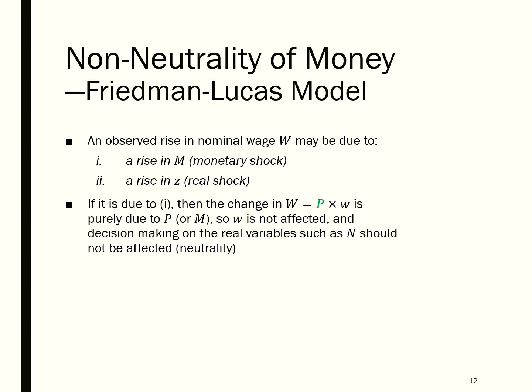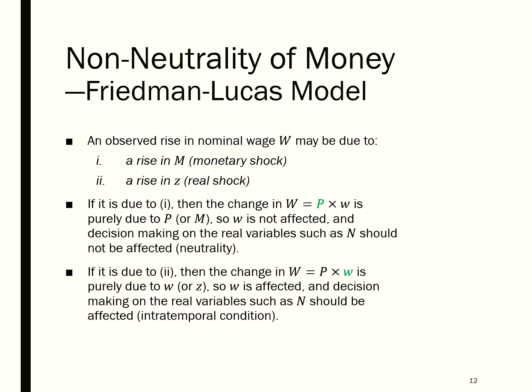If it is due to the nominal shock, then the change in the nominal wage is purely due to price, or money. So the real wage, little w, is not affected, and decision-making on real variables, such as employment, should not be affected at all. And this is what we have derived in the neutrality theorem.